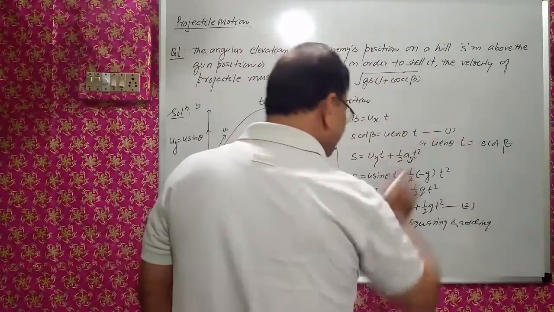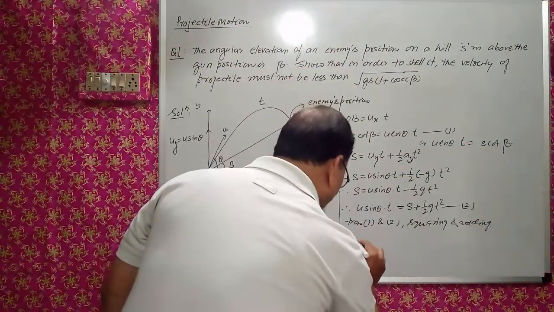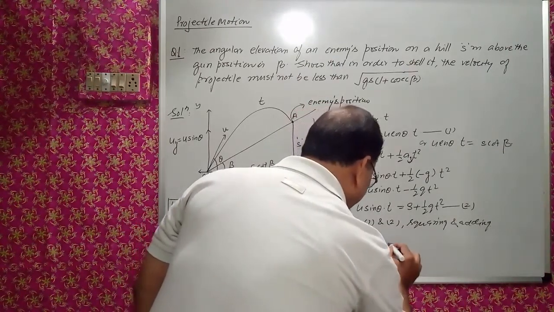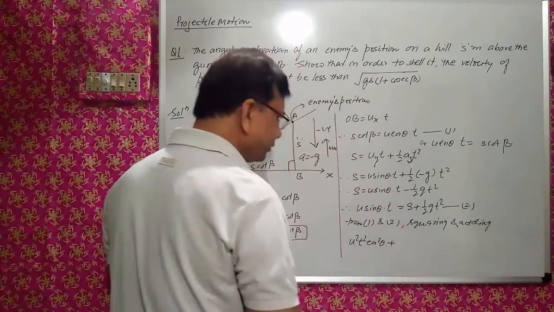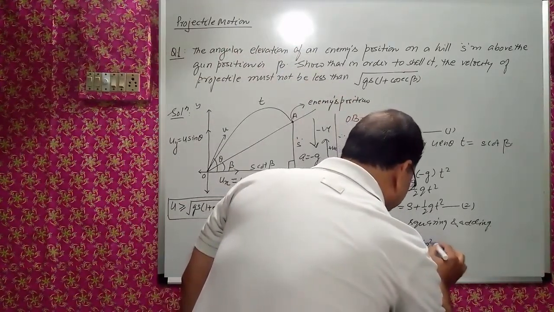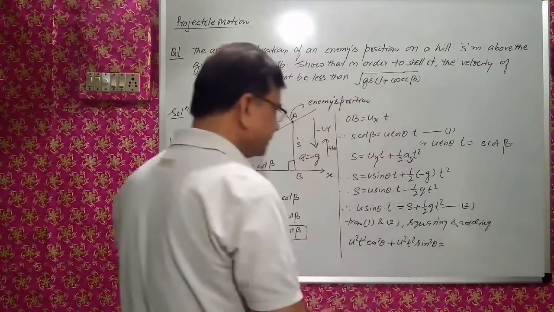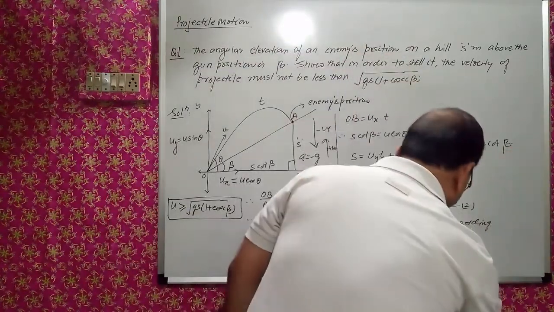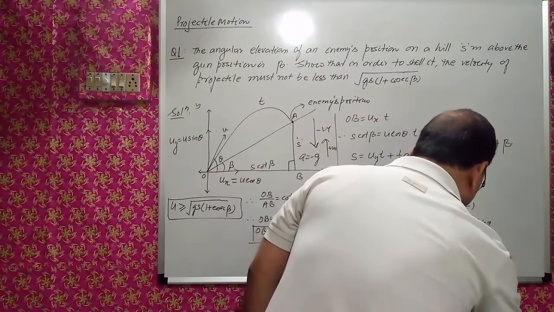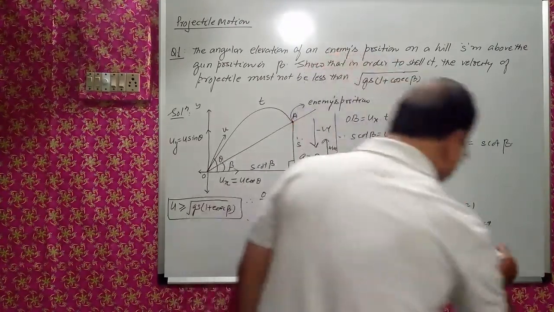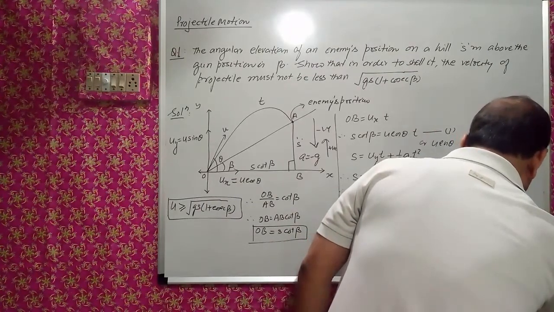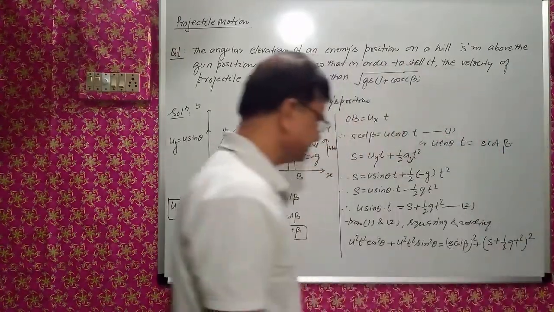Squaring this, we will get u square t square cos square theta plus, squaring the left hand side over here, u square t square sin square theta is equal to, squaring this, s cot beta whole square, plus squaring this, that is s plus half gt square whole square.